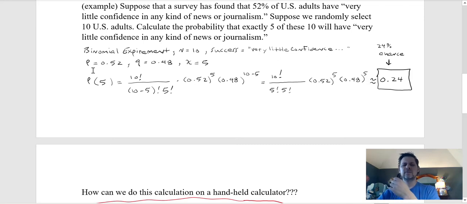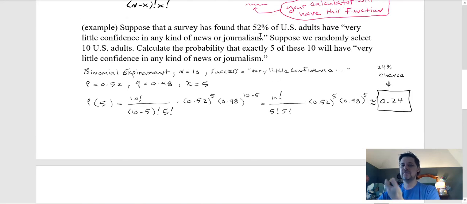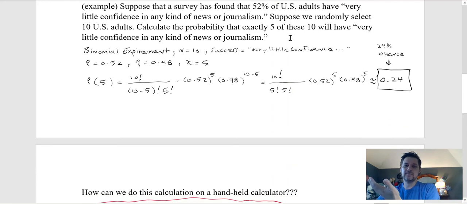Okay, what's the probability of a success? Well, if 52% of adults feel that way, then I would say for any one randomly chosen person, there's a 52% chance they feel that way. And so the probability of success is 0.52. What's the probability of failure? The probability that they don't feel that way, that they feel some other way.